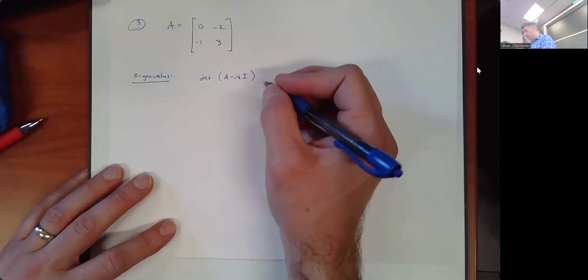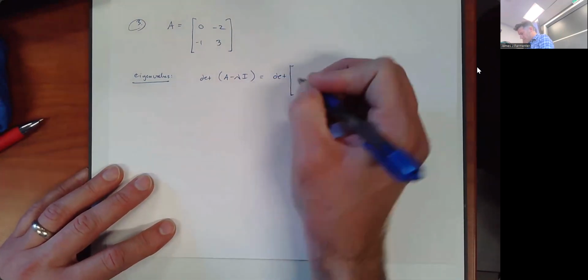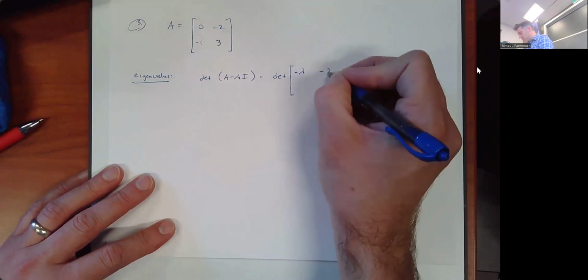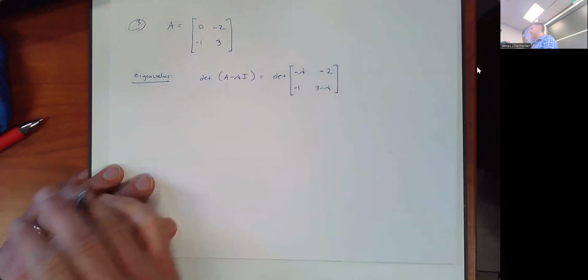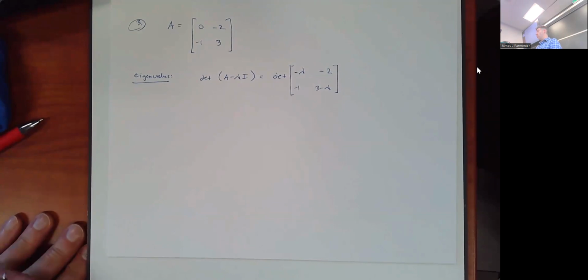Just so if you make a mistake, the person grading your work is like, oh yeah, they knew where to start. So A minus lambda I is going to be 0 minus lambda, -2, -1, 3 minus lambda. All right, we're just subtracting lambda on the diagonal. That is the only change you have to make before you take the determinant.